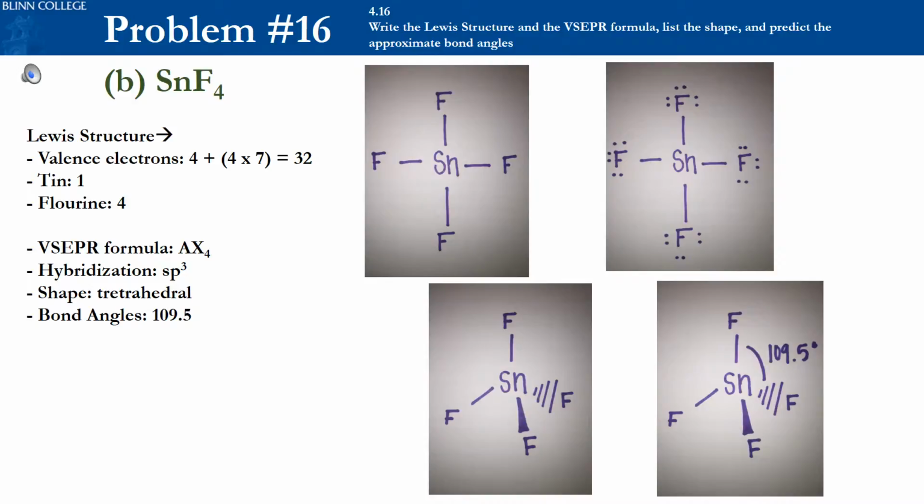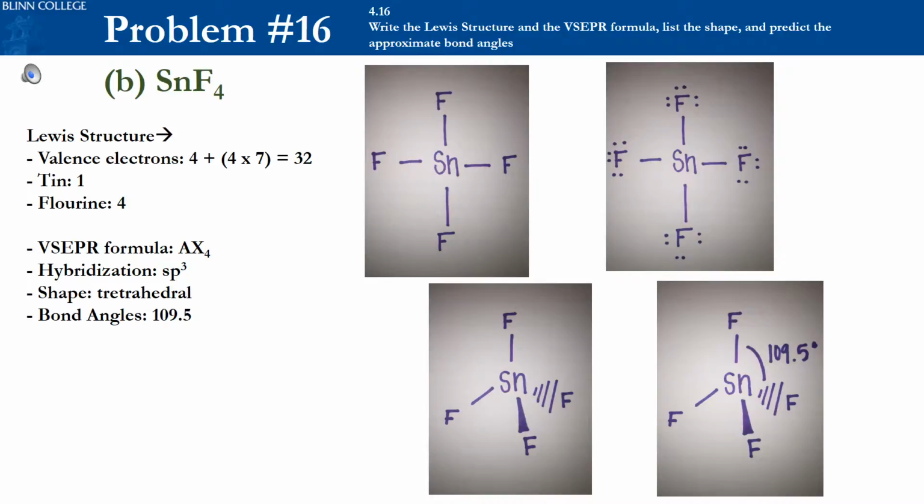To identify the molecular shape with the help of the VSEPR model, it's predicted to have a particular electron arrangement. So the hybridization is sp3, and this shape is going to be tetrahedral.